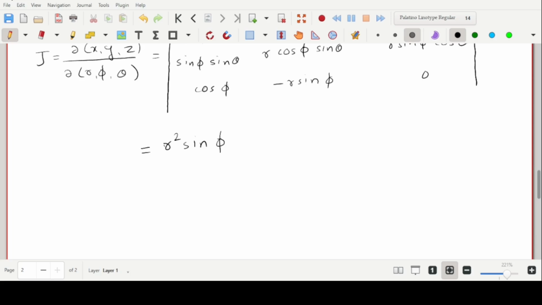So now let us solve one problem using change of coordinates into spherical coordinates.